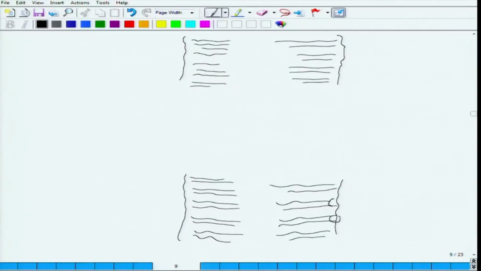Here you have the polar head groups which are sitting there. Now, the membranes kind of look like something like this.